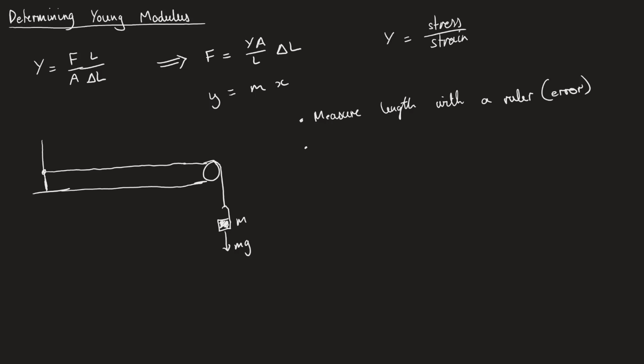In order to measure the cross-sectional area of a wire, that's pretty difficult to get straight away, but it is possible to measure the diameter of the wire.